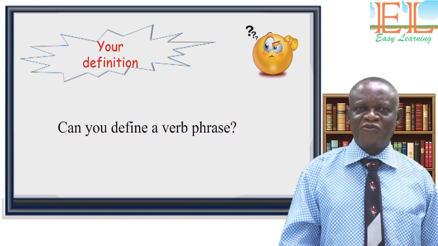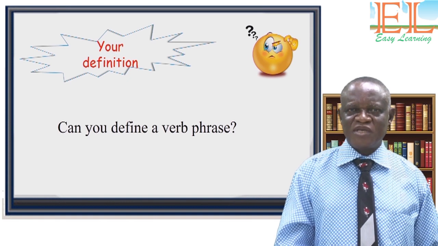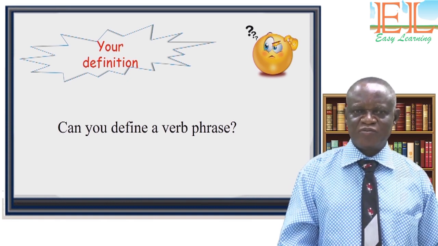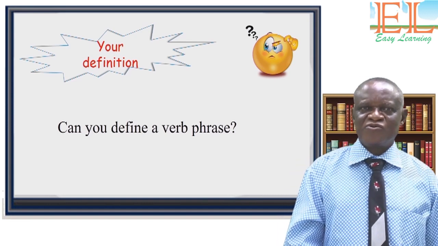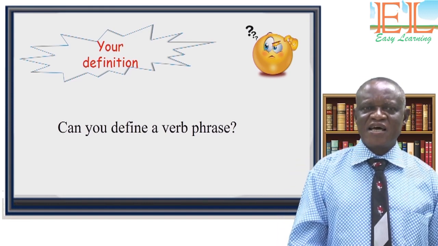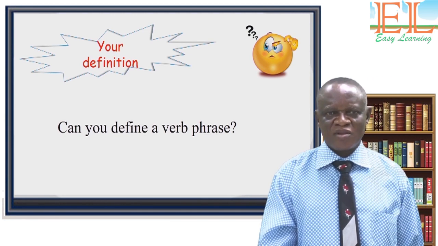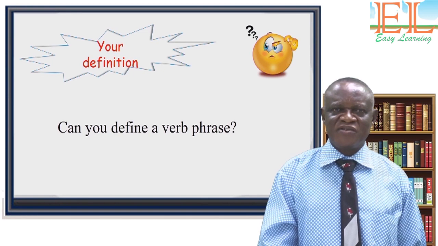Without the verb phrase, you cannot talk about the object, the complement, or the adverbial. So, what is a verb phrase? Can you define what a verb phrase is?